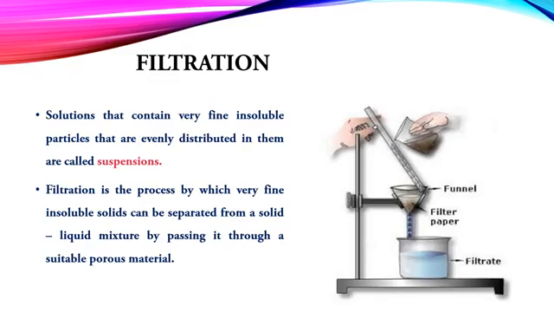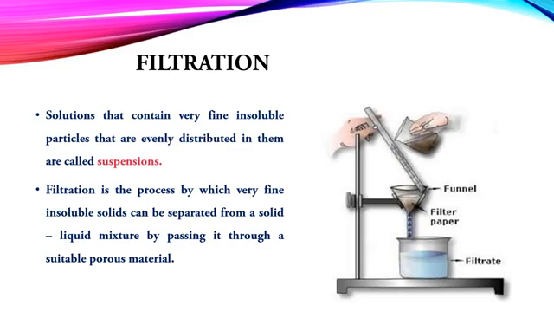A mixture of chalk and water is separated by filtration. When the mixture of chalk and water is poured on the filter paper fixed in a funnel, then clear water passes through the filter paper and collects as filtrate. The chalk particles remain behind on filter paper as residue.